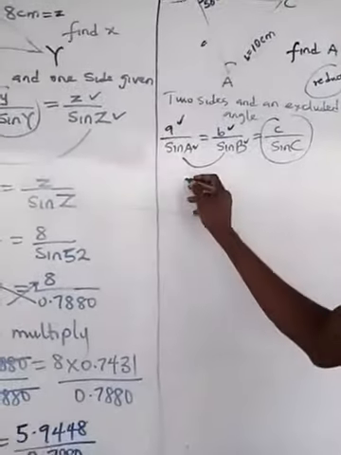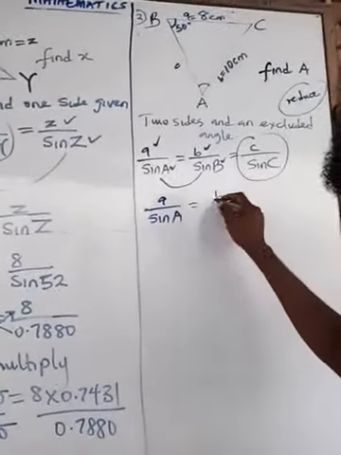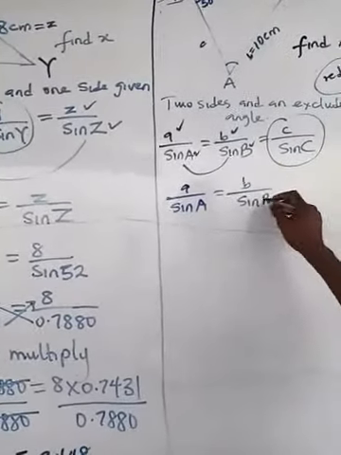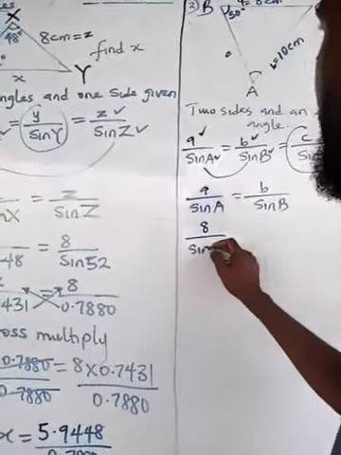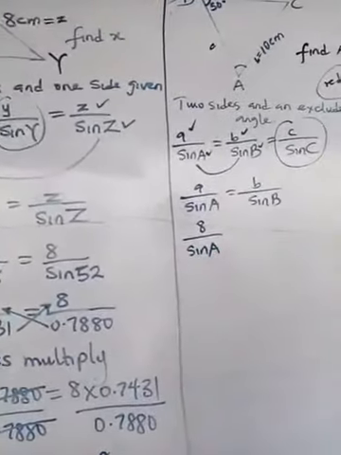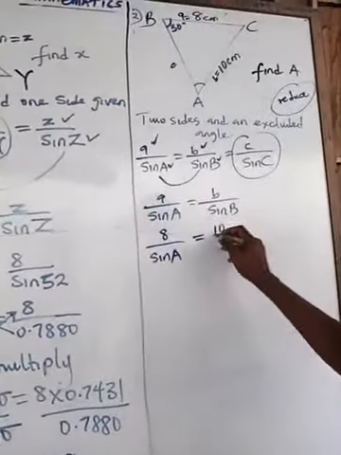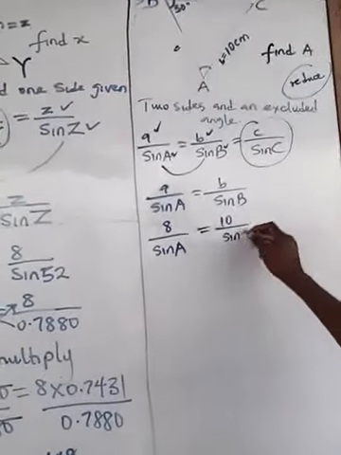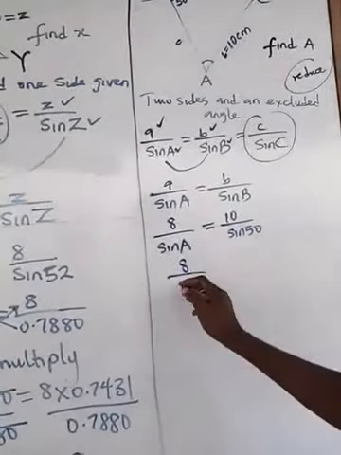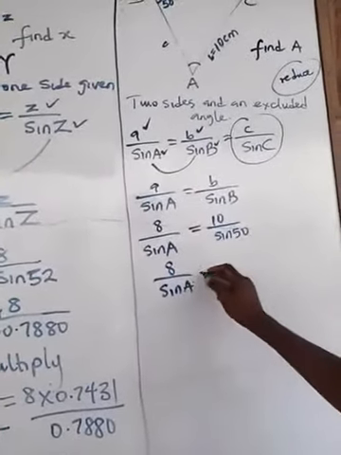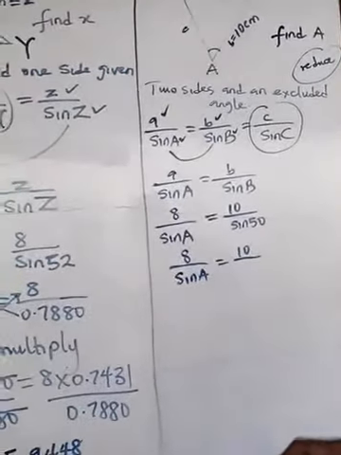The formula is going to be a over sine A is equal to b over sine B. So small letter a, that's 8 over sine A. We are looking for angle A. Then is equal to small letter b, that's 10 over sine 50. We can't press sine A because we don't even know what A is, but we can press sine 50 from the calculator.